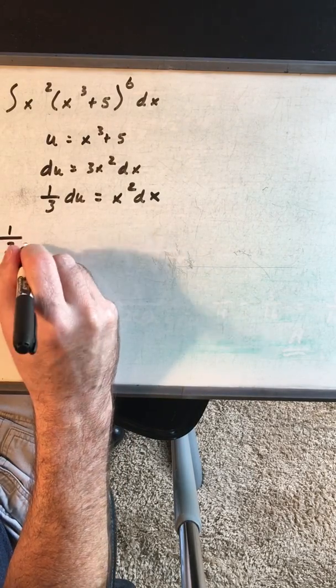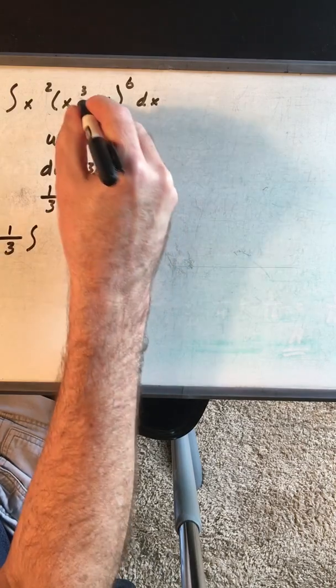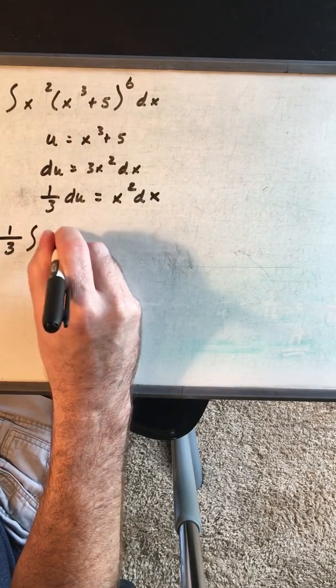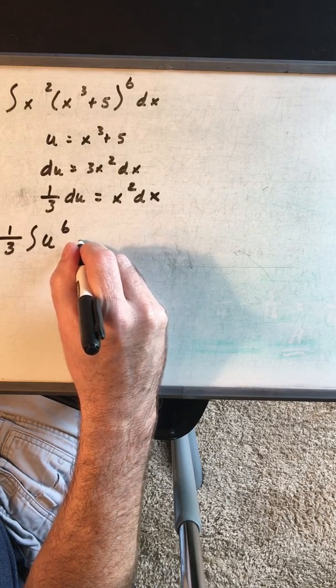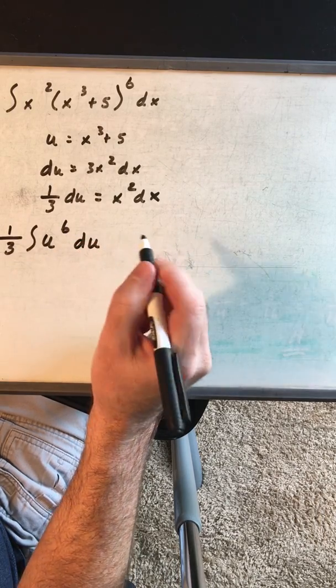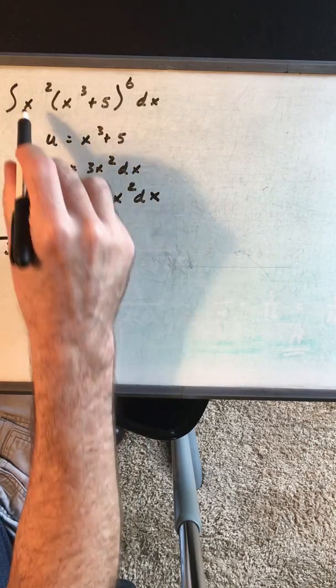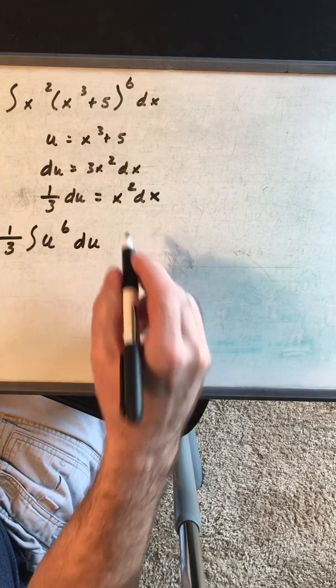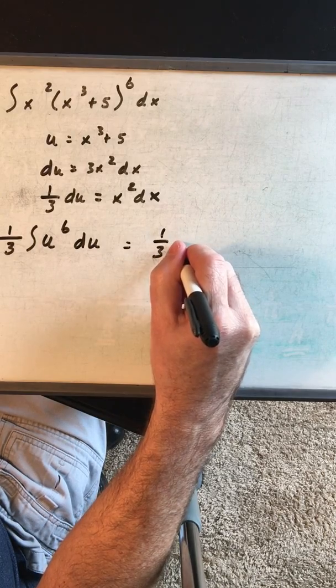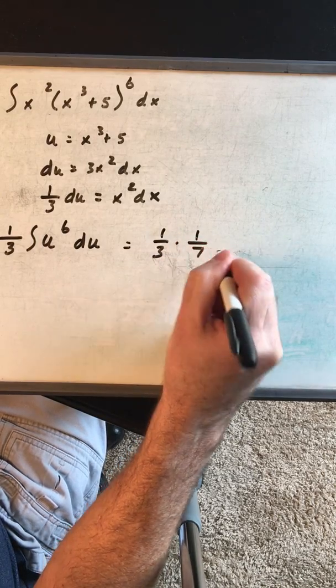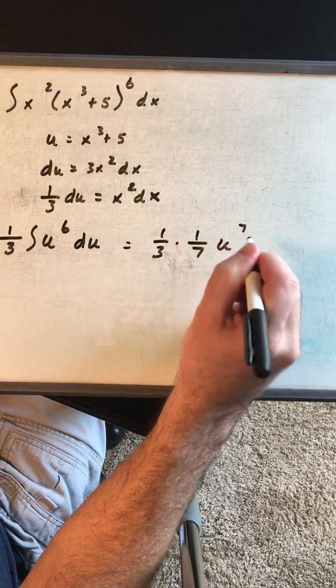All right, so we got a 1/3 out front, and then I'd have u to the 6th du, since x squared dx is in there, and that's du. So that'll be 1/3 times 1/7 u to the 7th.